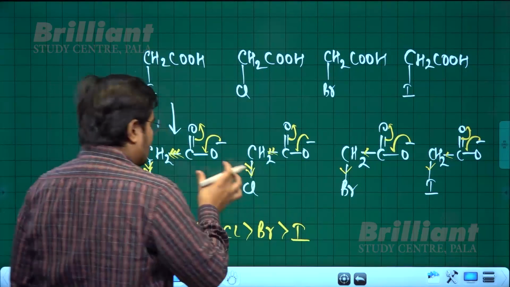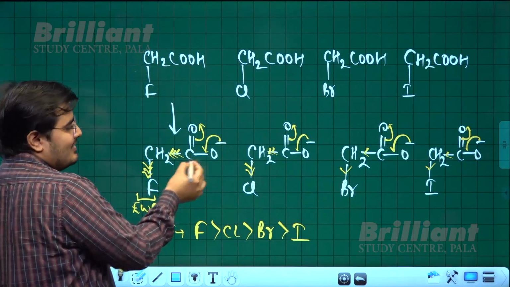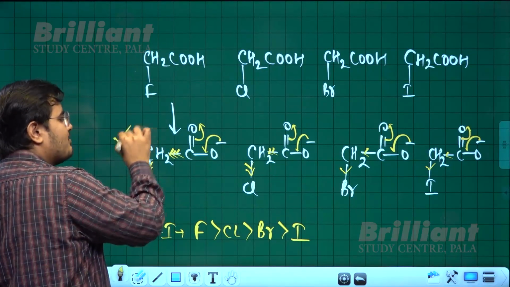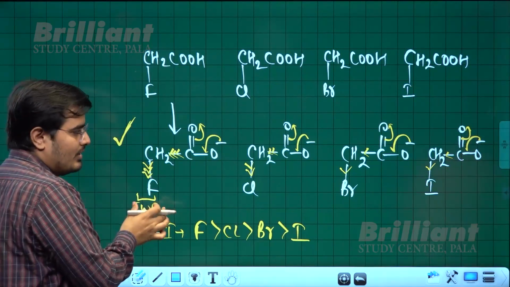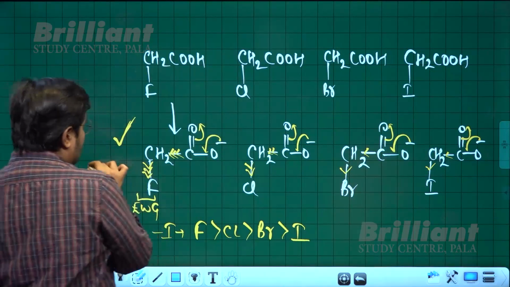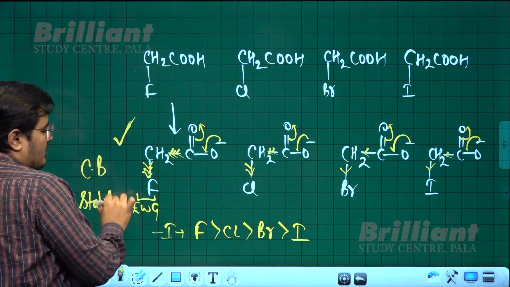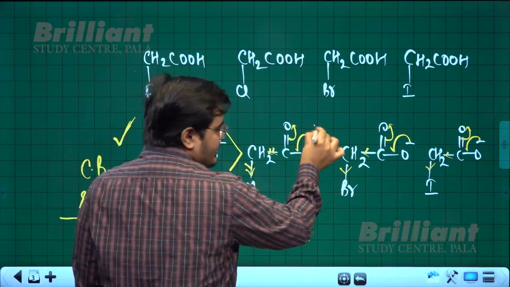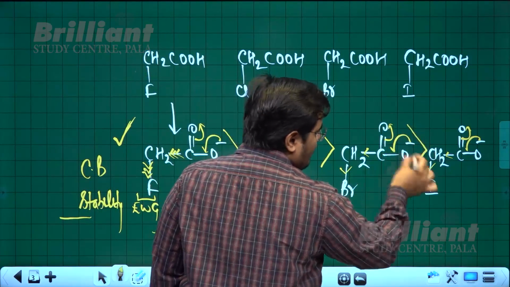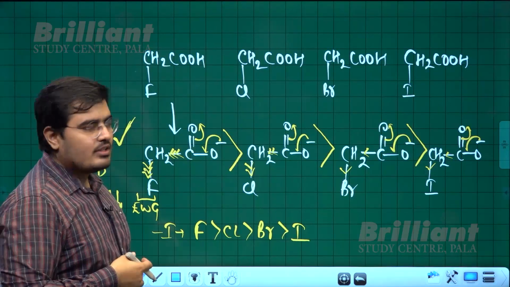So based on their ability to stabilize the negative charge, we can say since the dispersal of negative charge by polarization happens maximum when fluorine is a substituent, this conjugate base stability order will be: this conjugate base is more stable than this one, this will be more stable than this one, based on their electron withdrawing tendency.